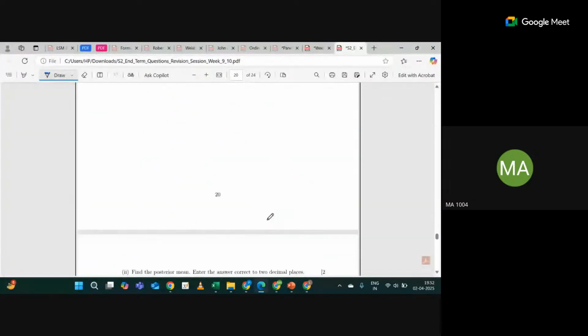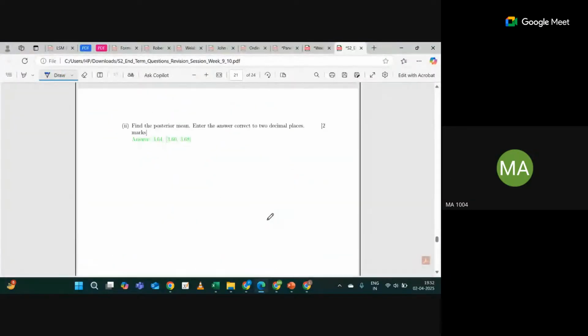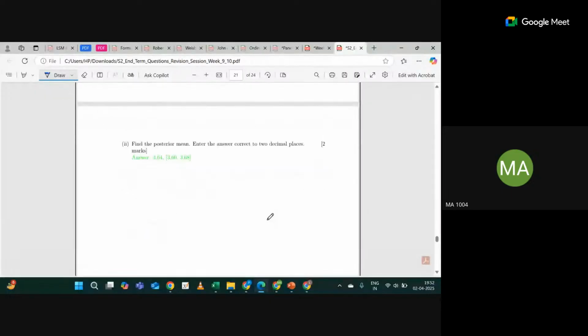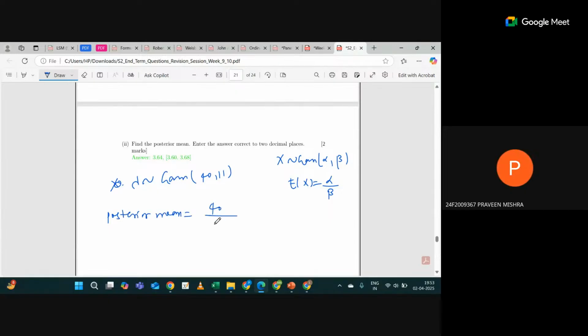Suppose the next question, which is useful to this part, is to find the posterior mean. If x follows gamma with parameters alpha comma beta, what is the expected value? Alpha by beta. So we got lambda as gamma with parameters 40 comma 11. Then what will be the posterior mean here? 40 divided by 51?